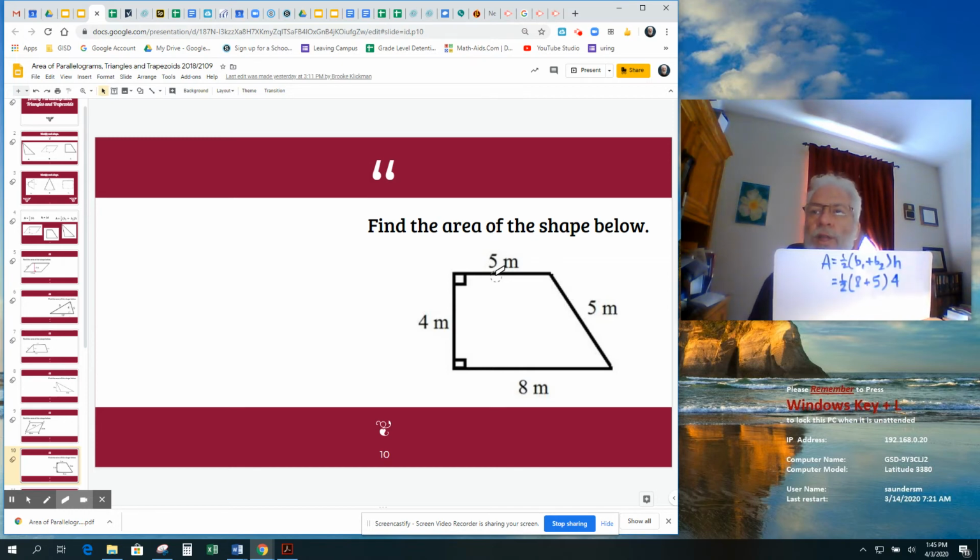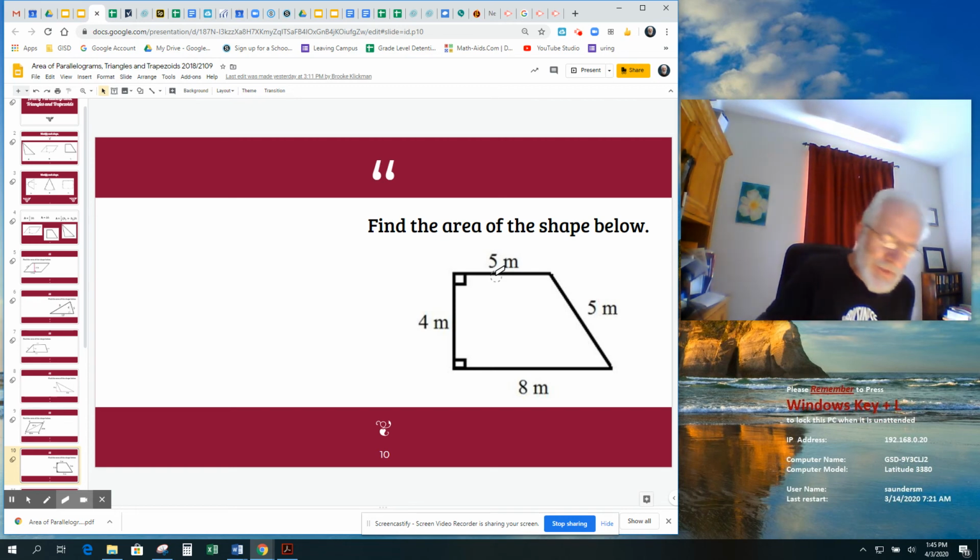And then I start plugging in what I know. Area equals 1/2 times 8 plus 5 times 4. And PEMDAS says, do the parentheses first. So 1/2 times 8 plus 5 is 13 times 4. Okay?